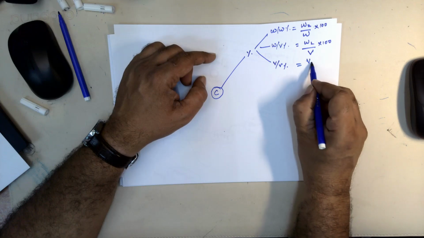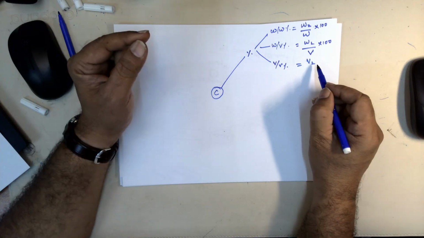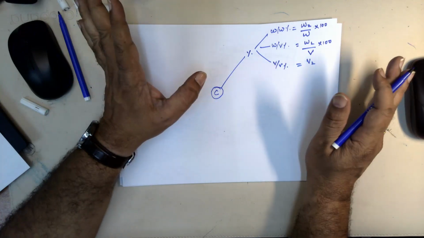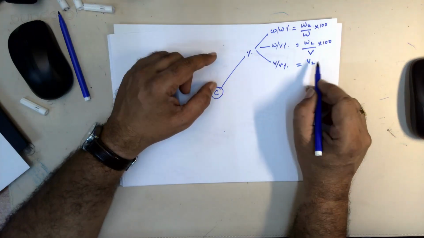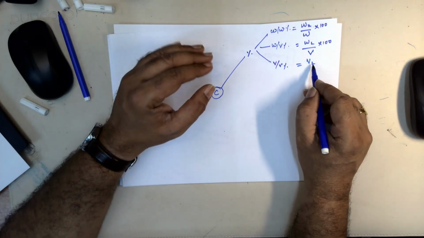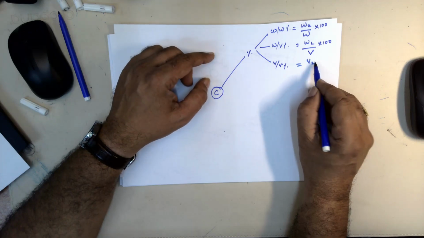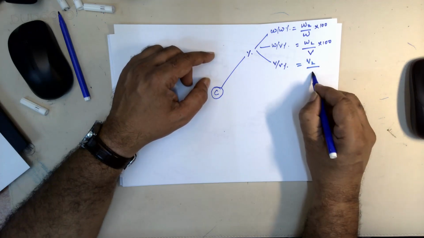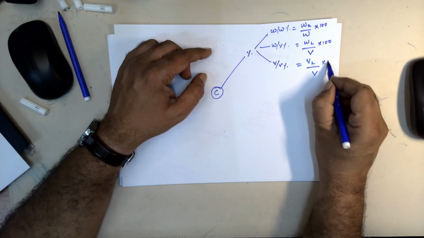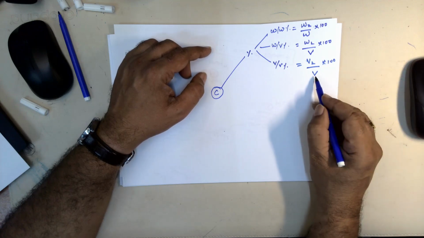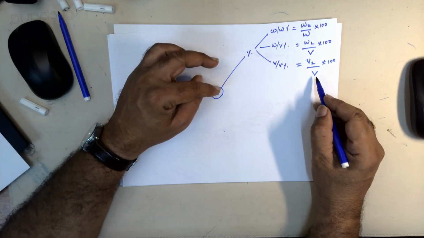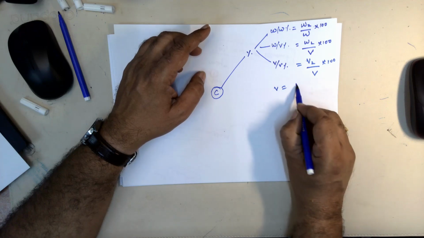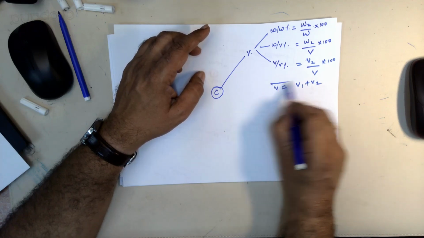That is equal to V2, the volume of the solute, irrespective of whether the solute is a solid, liquid or gas, divided by the volume of the solution into 100. The solution consists of two parts, solute and solvent, so V is equal to V1 plus V2. Do you understand this?